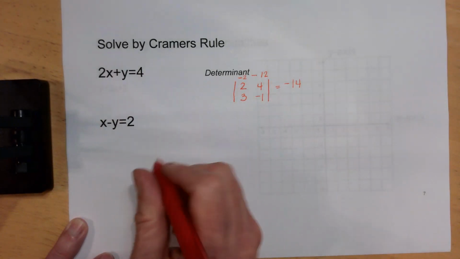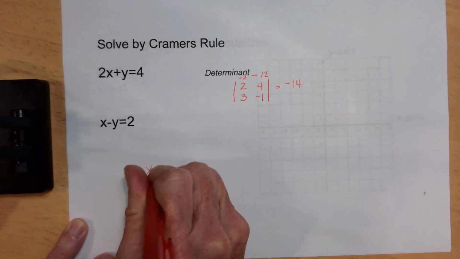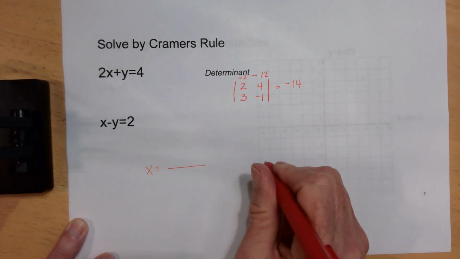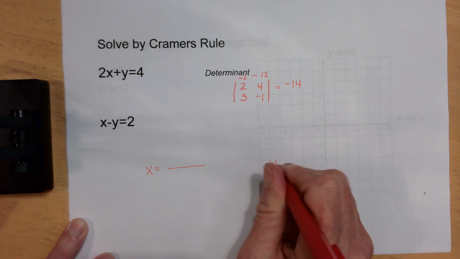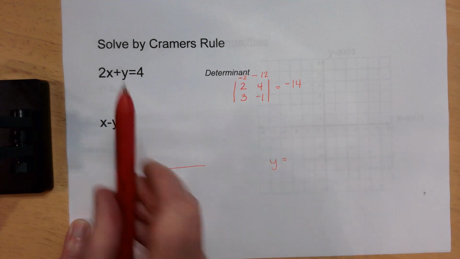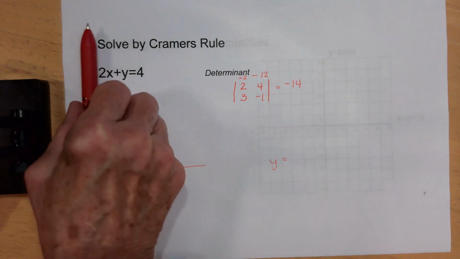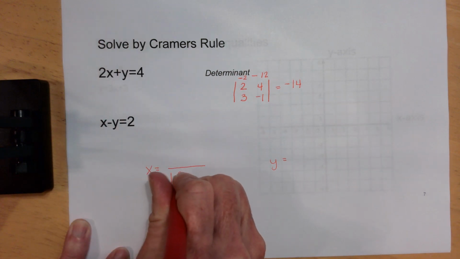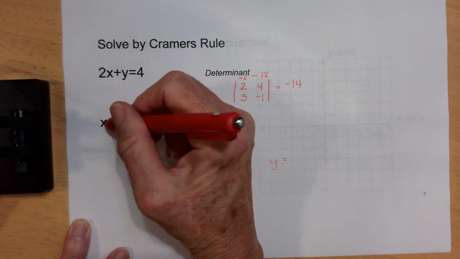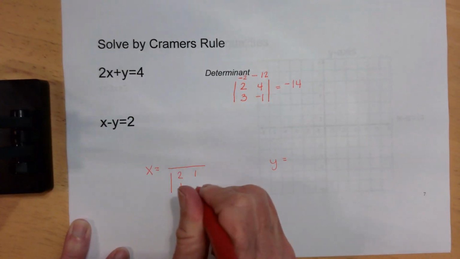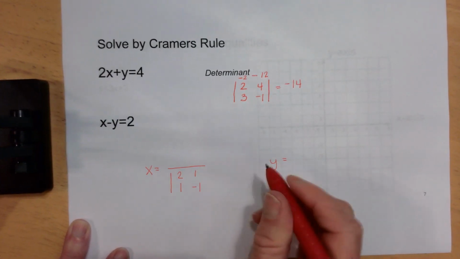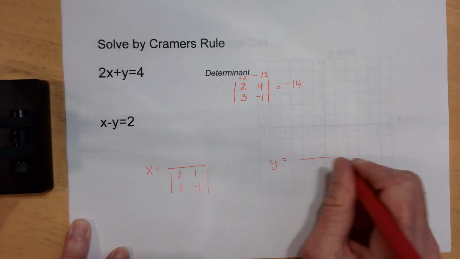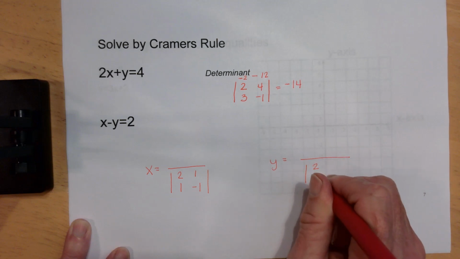So first thing we have to do here is put it in matrix form that's going to give me the x and the y. So that requires me to remember the positioning. So remember, on the bottom I'm going to do first and middle. So I'm going to do a 2 and a 1 because I'm grabbing all the coefficients, a 1 and a negative 1, and that's going to go on the bottom there, and that's going to go on the bottom here.